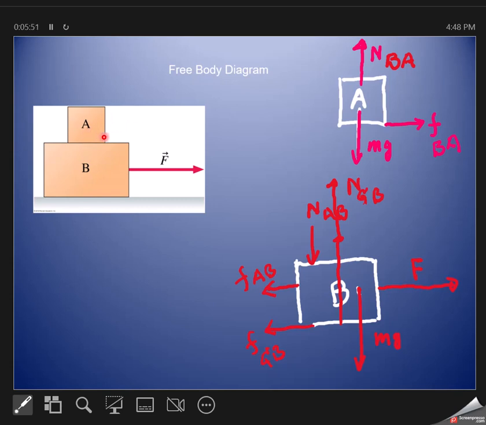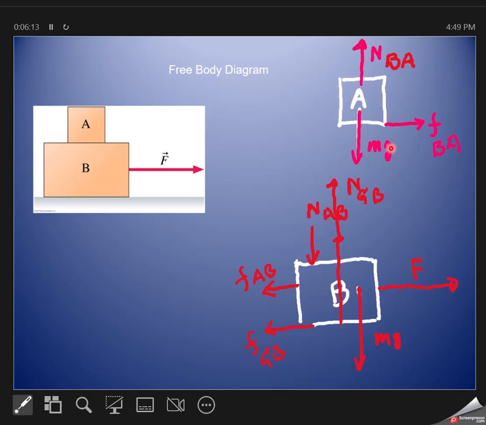Now, in this case, object A: you separately draw a box to represent the object, and then figure out the forces on it. Gravity goes down, mass times acceleration.